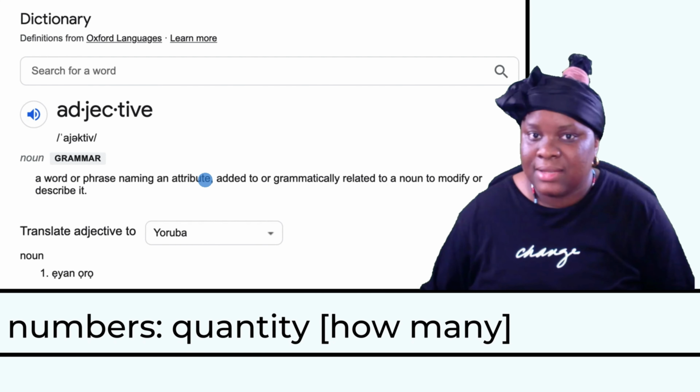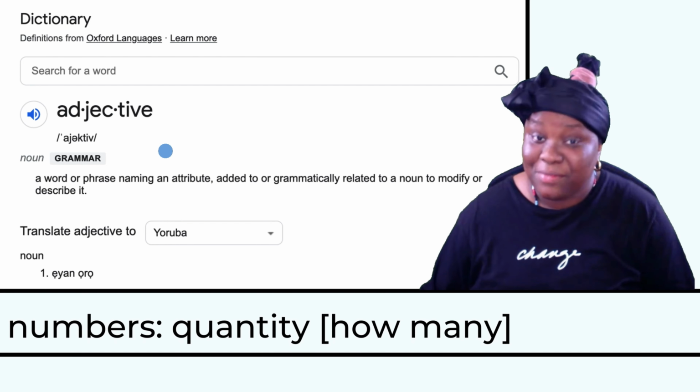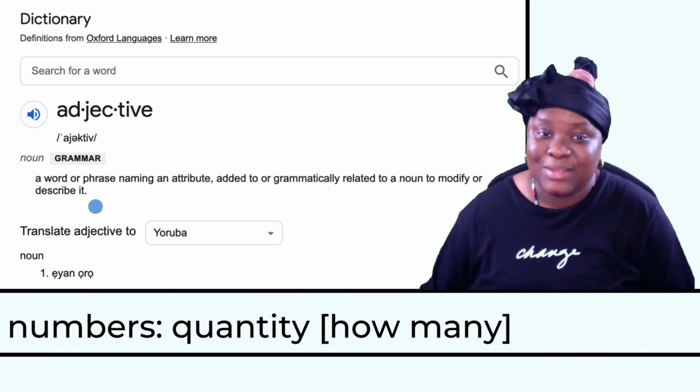Next we have the adjectival. To understand what the adjectival means, we have to know what an adjective is. It's a word or phrase naming an attribute added to or grammatically related to a noun to modify or describe it.